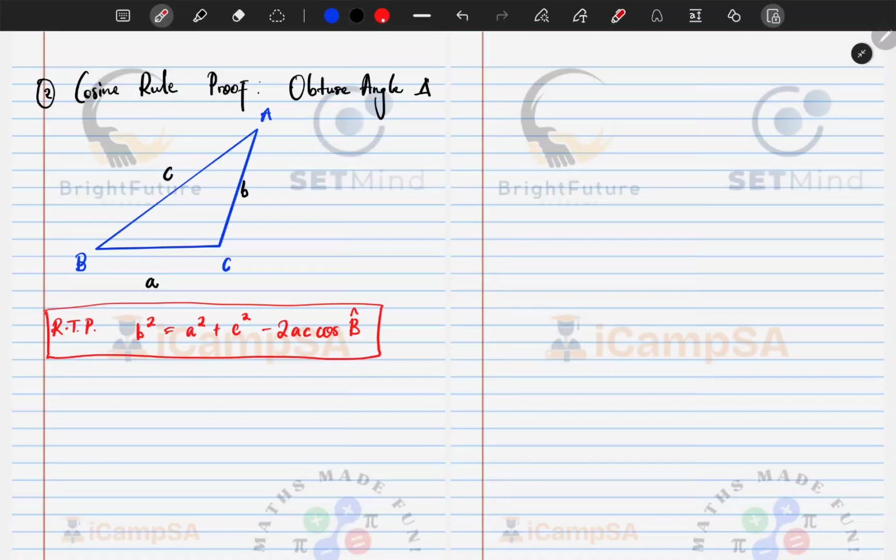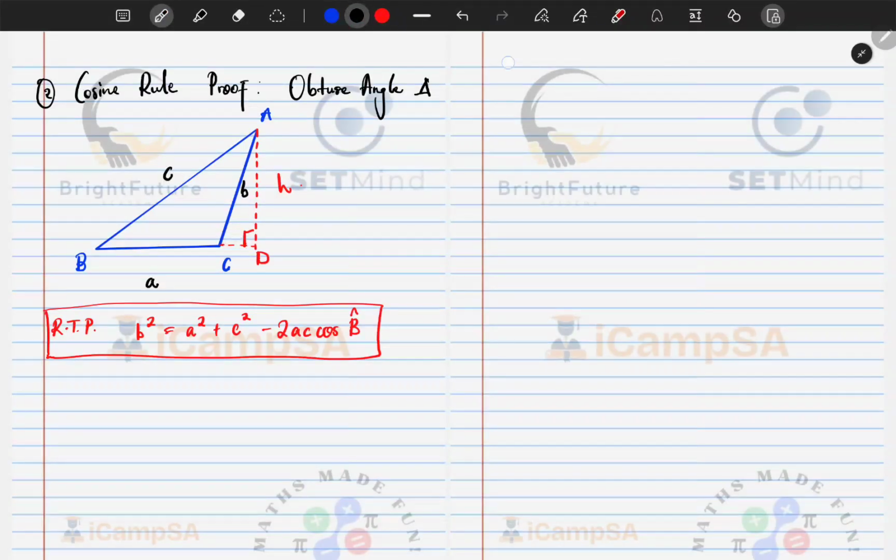This is the line that we are going to construct, a perpendicular line, and then it's going to turn this into a right-angled triangle. And then we can call this point D, and this is going to be your line h.